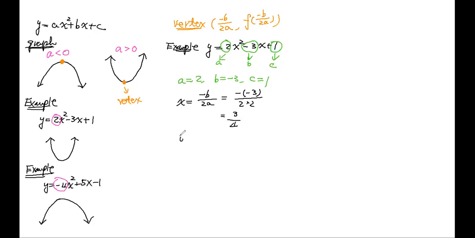So what is the y value? The y value will just be what you get when you plug 3 over 4 into your function. So it's 2 times 3 over 4 squared minus 3 times 3 over 4 plus 1.